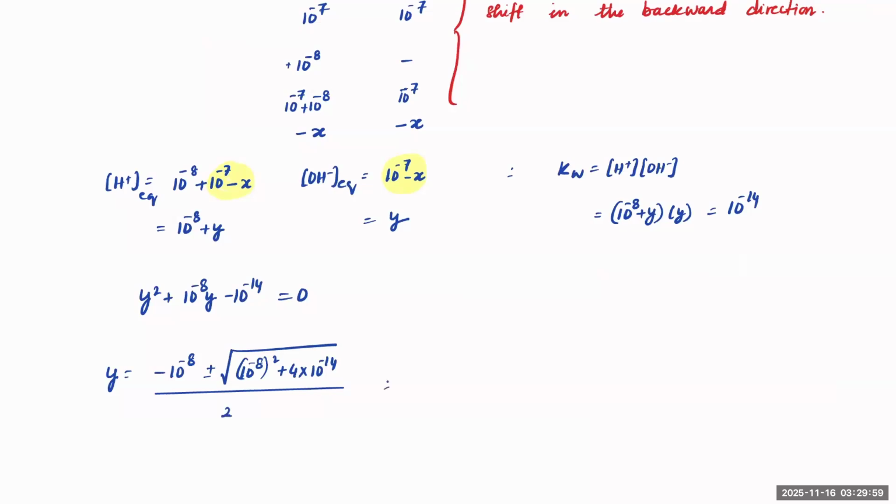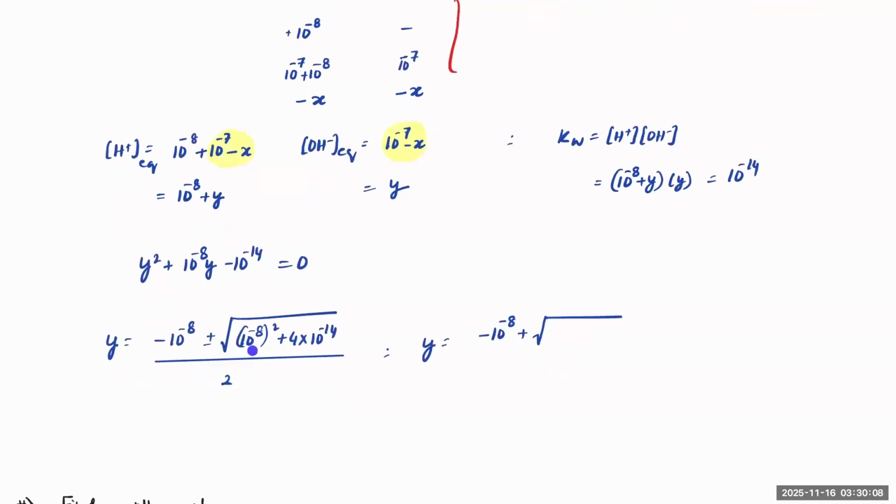So from here I can get y is equal to minus 10 raised to power of minus 8 plus under root of, if you notice, this is coming as 10 raised to power of minus 16 and this is minus 14. So I can write this as 401 into 10 raised to power of minus 16 divided by 2. So which is minus 10 raised to power of minus 8 plus, I can assume this as almost 400. So the root of 400 is around 20 into 10 raised to power of minus 8.